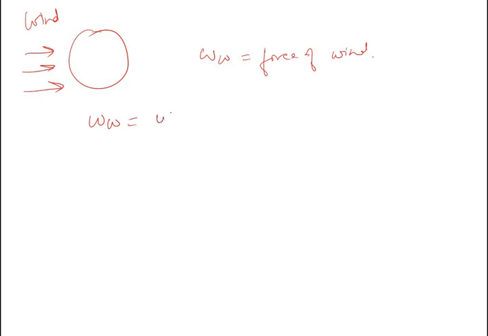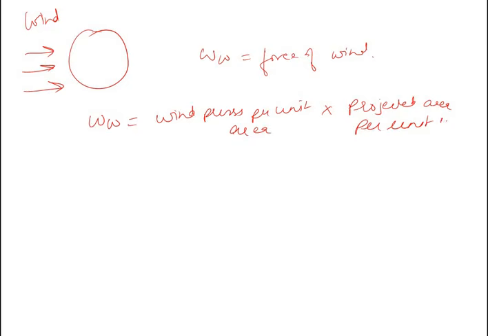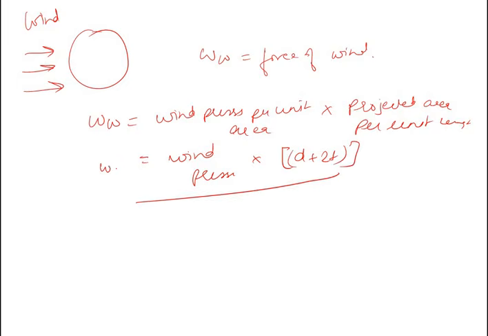Ww is equal to wind pressure per unit area into projected area per unit length. So the final equation becomes wind pressure into d plus 2t.